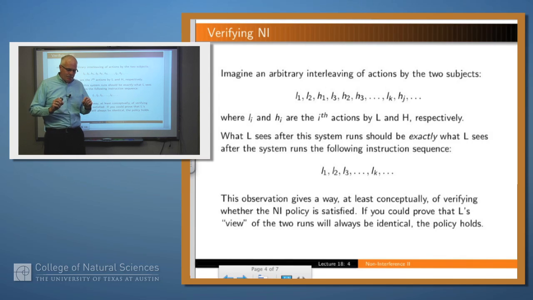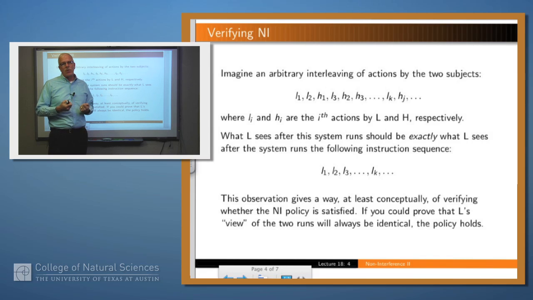Okay, so imagine you have a system on which H and L are running either concurrently or in some interleaved fashion. Well, they're both going to be performing operations. And so imagine you have this sequence of interleaved operations where L takes a step, and then L takes another step, and then H takes a step, and L takes a step, and so on. So you could represent that as a sequence of instructions performed by the two subjects.